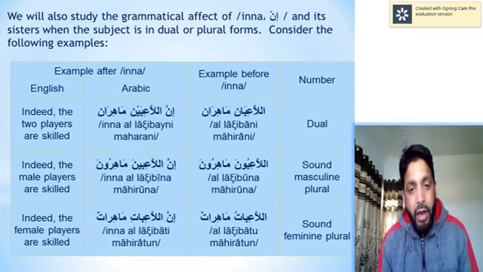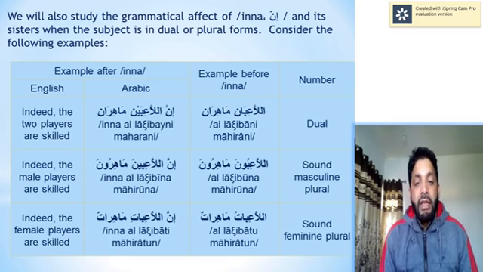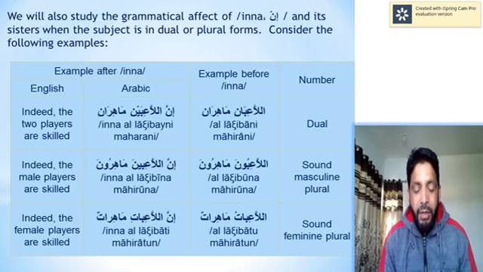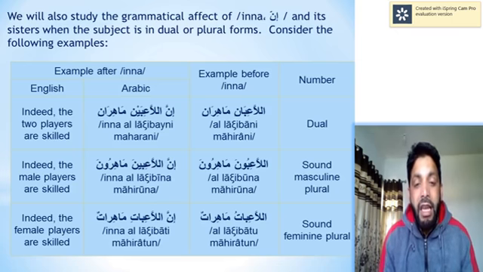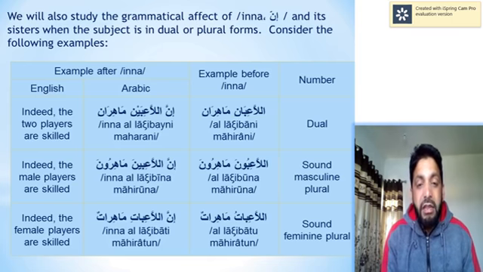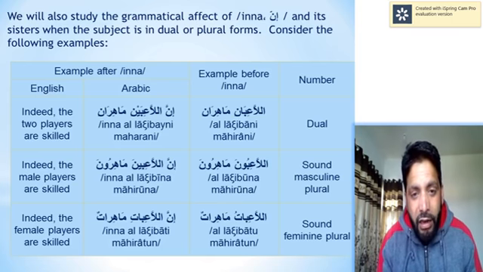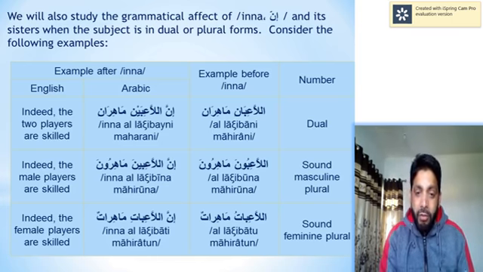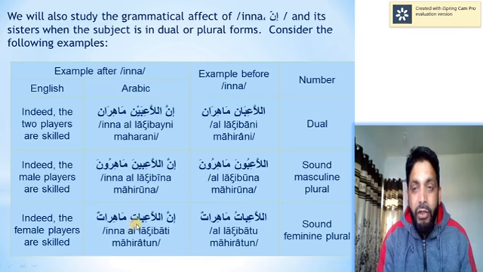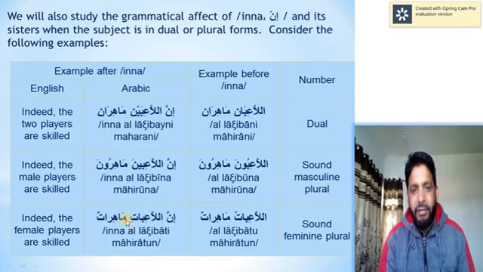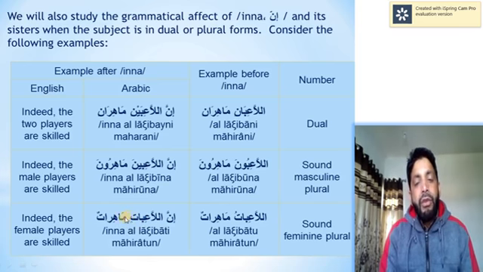In the sound feminine plural, you must know that the nasb comes when it's in accusative case, and the sign of it being in accusative case is that it's maksur. We see the vowel sign kasra at the last. It is mansub, and the sign of accusation, alamatun nasb, is what?